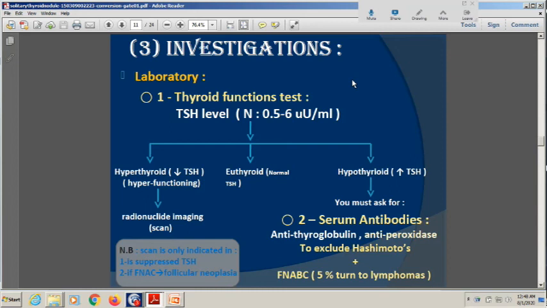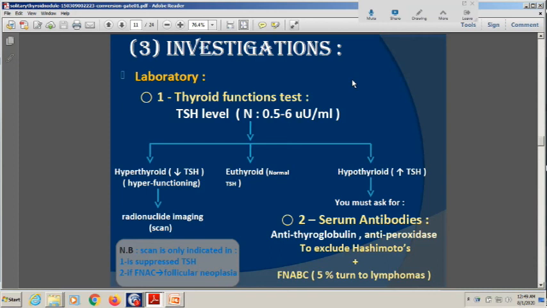Now why do we do TFT? Again the same thing, to see whether it is hyperthyroidism, hypothyroidism, or euthyroid. If there is hyperthyroidism, we go for a further test, a radionuclide scan.